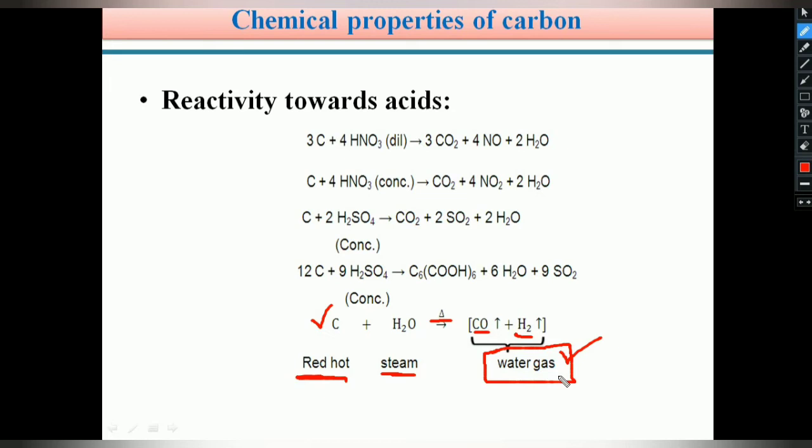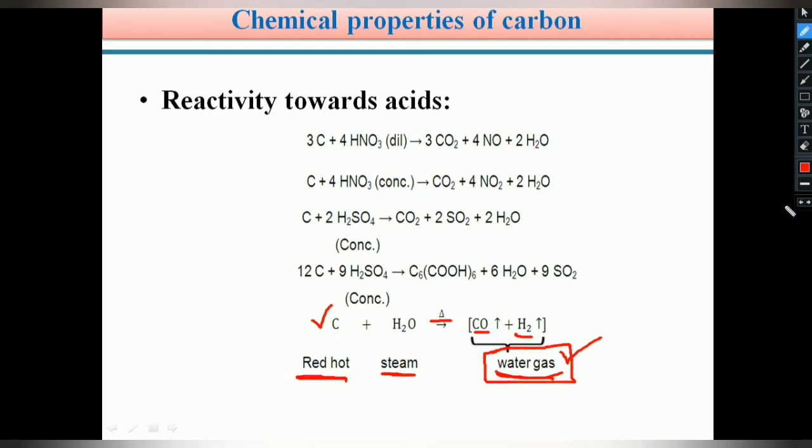So students, you should remember, water gas is the mixture of CO and H2, carbon monoxide gas plus hydrogen gas. The mixture of these two gases combined is known as water gas. This reaction is very, very important. What is the preparation of water gas?